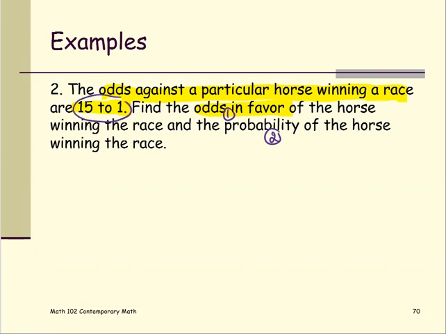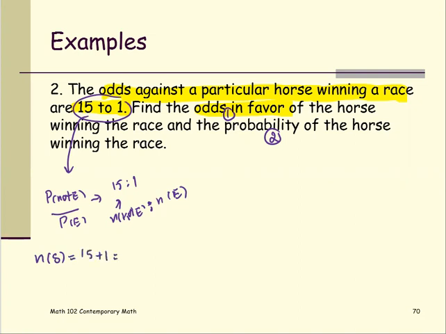From the information of the odds against, which is from the probability of not E divided by P of E, in the form of the ratio as 15 to 1, which is the number of outcomes that do not happen, or not E, per the number of outcomes of the event E that occur. So in this case, the number of total outcomes of the sample space is 15 plus 1, or 16.